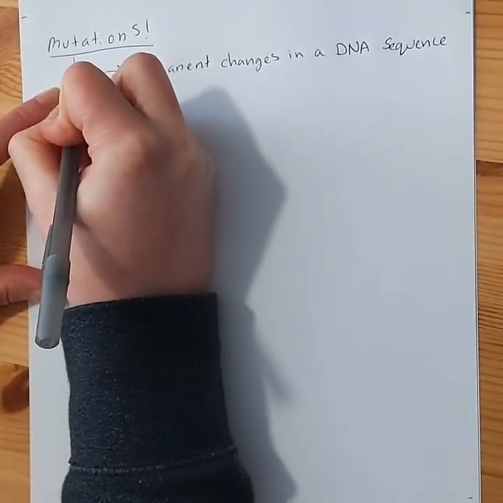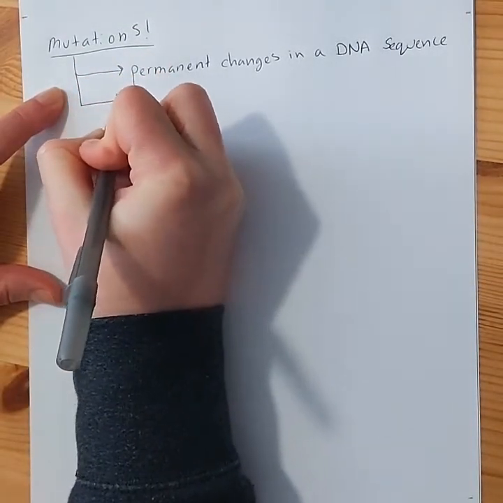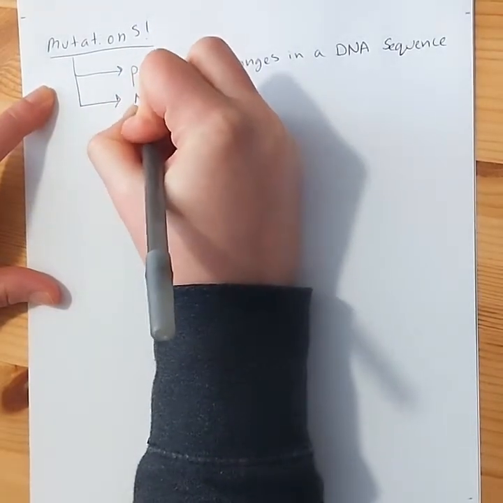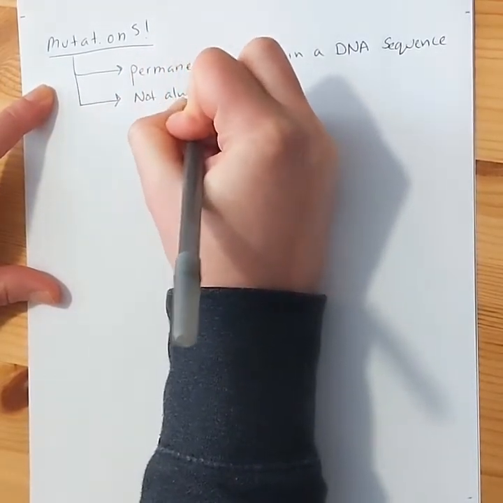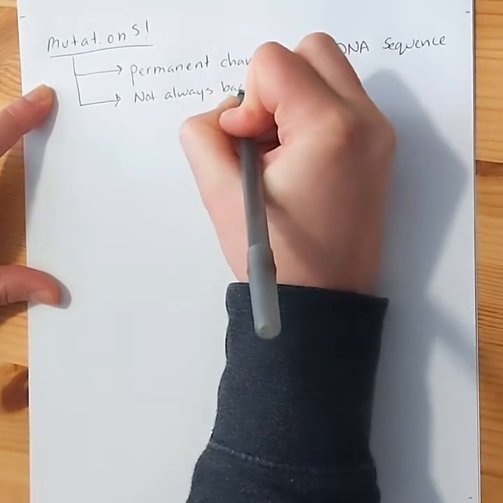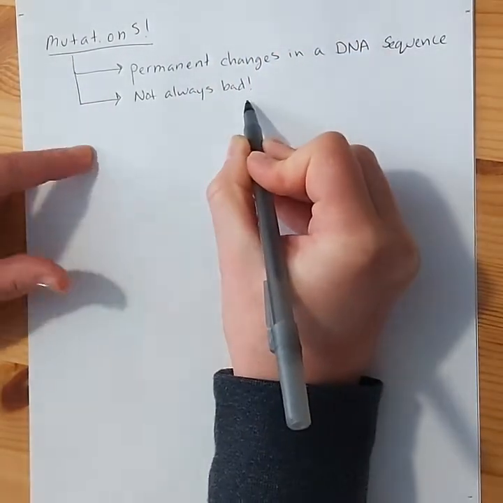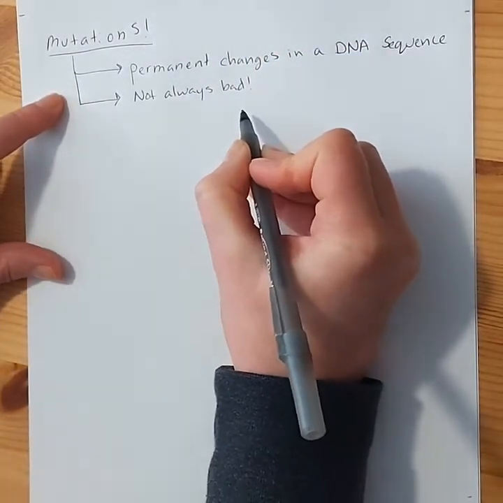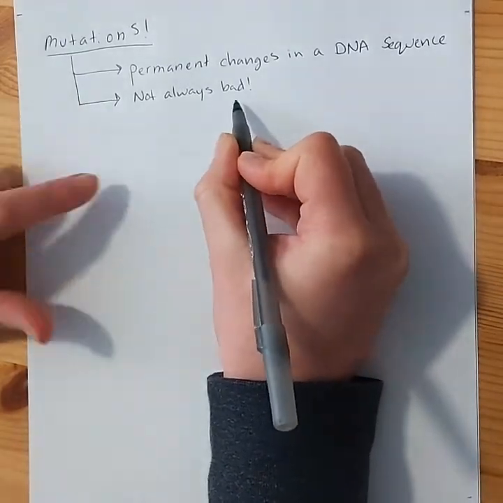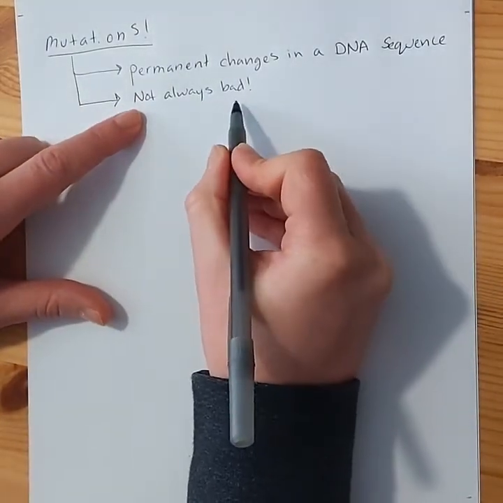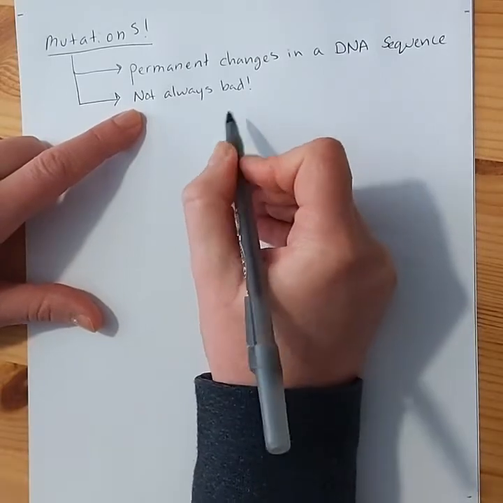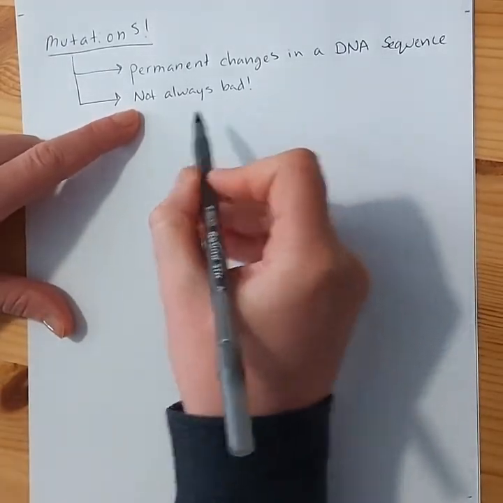And something else we need to know about mutations is that they're not always bad. When I think about mutations, I think about Spider-Man getting bit by the mutant spider and developing powers, and that would be cool, so that would be an example of something good. But that's not actually how mutations work.